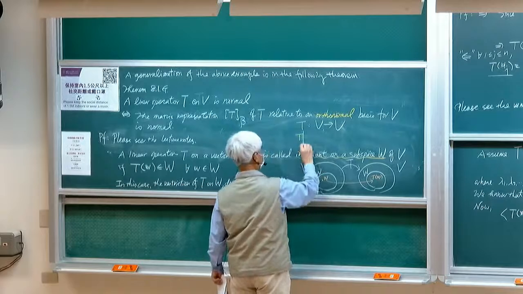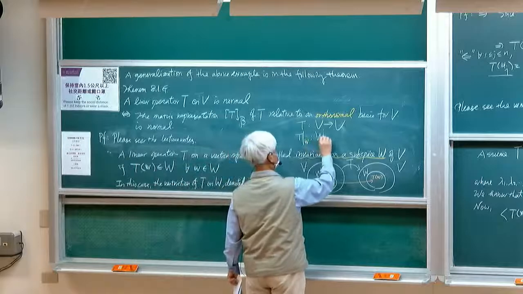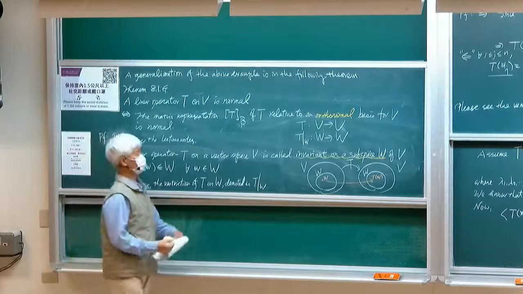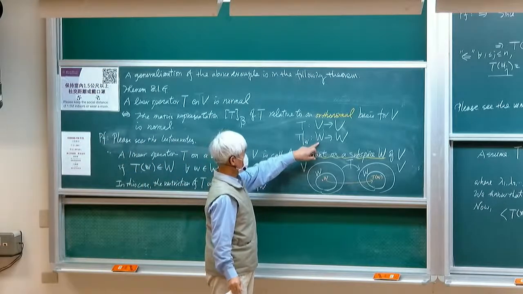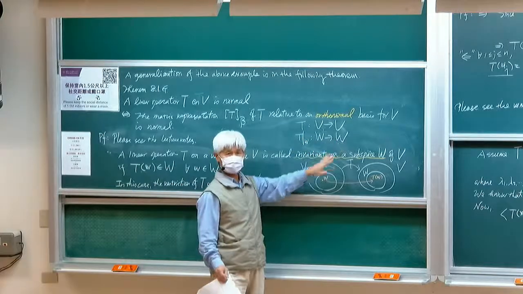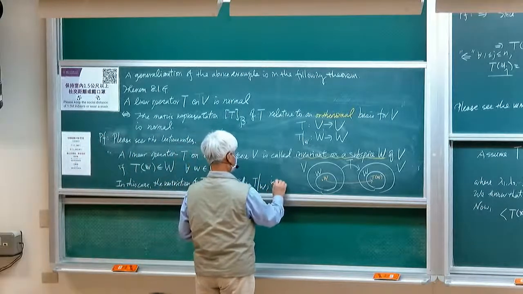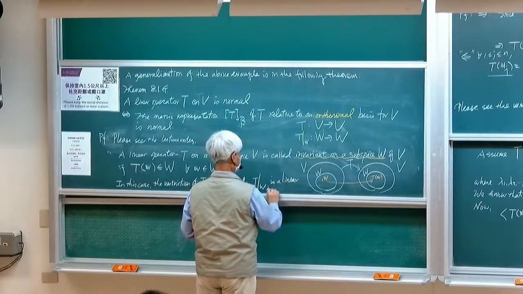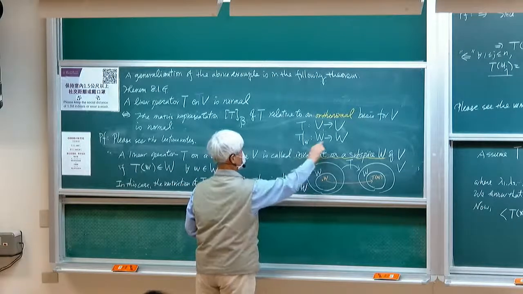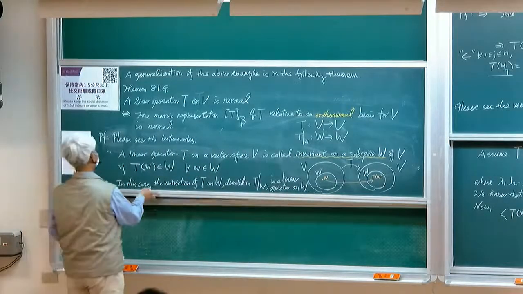But the restriction of T on W becomes W to W. And this is guaranteed because for every vector in capital W, the image is also in capital W. So the restriction is a linear operator on W.